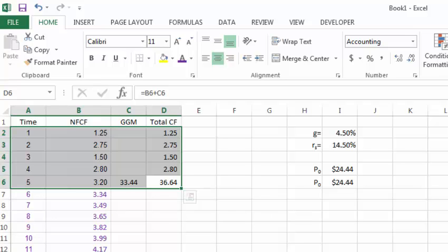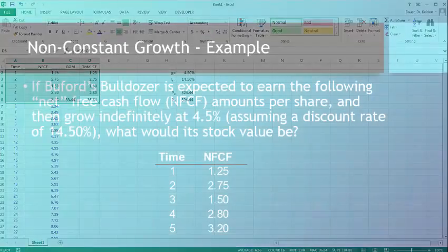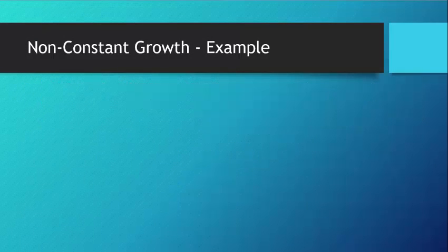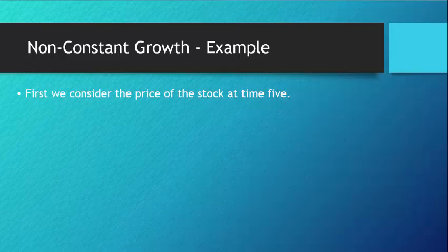What the heck? So let's go over here and see. Here's the way we're going to be doing this essentially. To find these non-constant growth, first we consider the price of the stock at time 5.